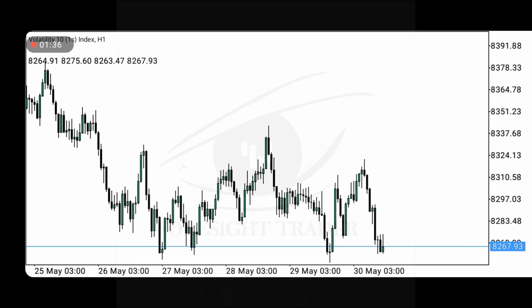If you're a novice or a new trader, you would consider this market to be random. That is, the candlesticks spring randomly, and no one can really get it because it's just so random.